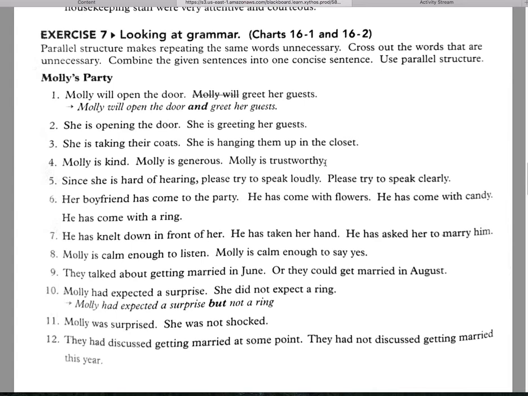Molly is trustworthy. So you're going to say, Molly is kind, comma, generous, optional comma, and trustworthy. 3 adjectives: kind, generous, trustworthy. So that sentence again, Molly is kind, comma, generous, optional comma, and trustworthy.